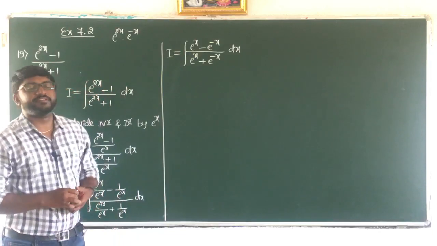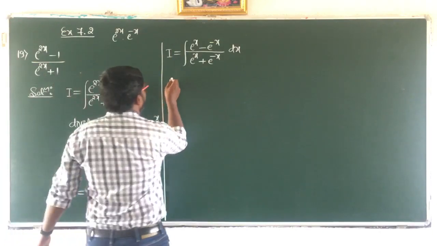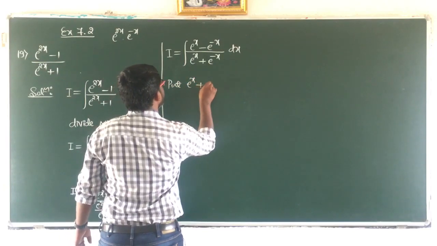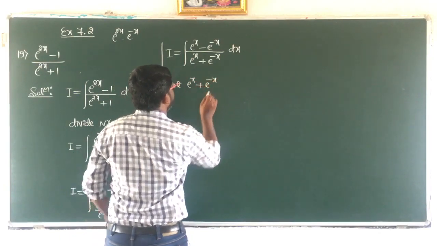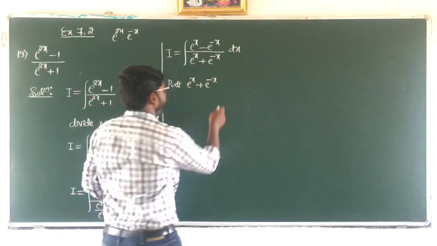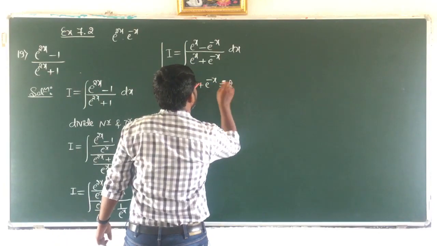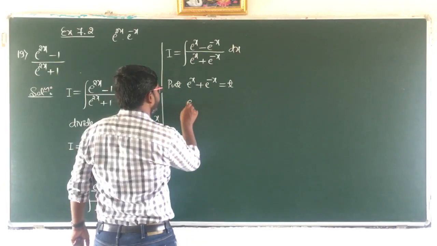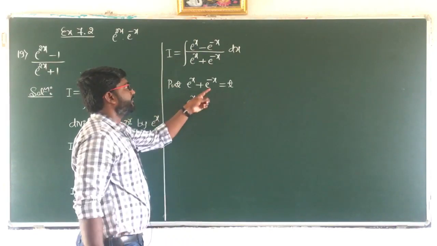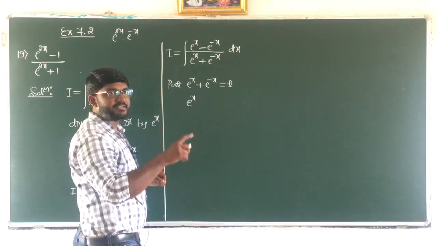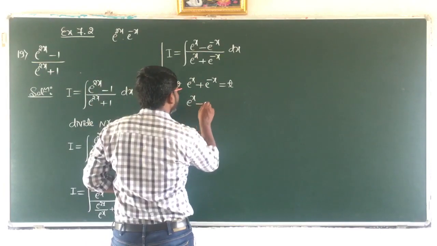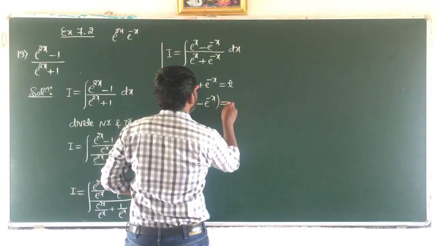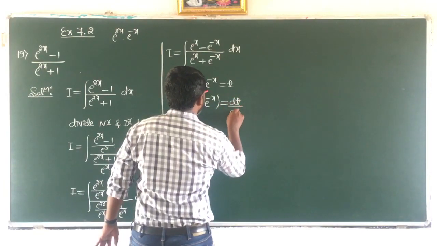Now we have to go for the substitution. So here put e raised to x plus e raised to minus x, that is I have taken the denominator as t. So now differentiate this. So derivative of e raised to x will be e raised to x, then derivative of e to the power minus x will be minus e raised to minus x, which is equals to dt by dx.